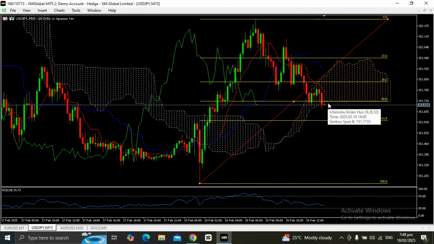Now in here, if there is a bullish candlestick formation, then the possibility is it will bounce, meaning the support will hold and then the price will go up. Okay, we are on a 15-minute chart, so we have to wait to end this current candlestick, whatever the candlestick will be.